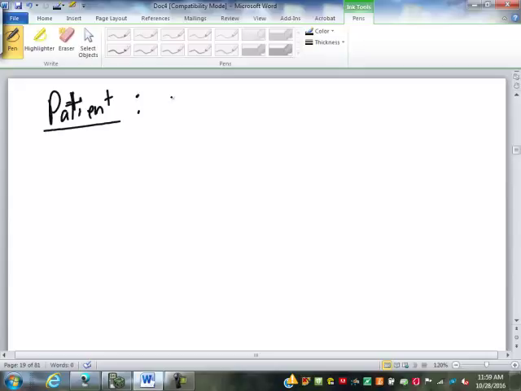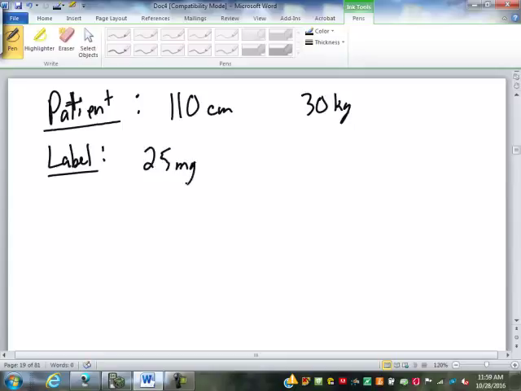So let's say we have a patient who's coming in at 110 centimeters and 30 kilograms. The label says 25 milligrams per meter squared, and this is constituted at 5 milligrams per 2 milliliters.